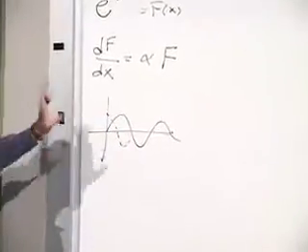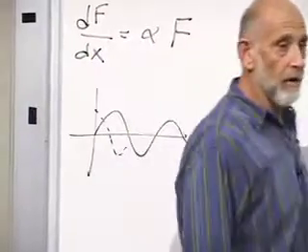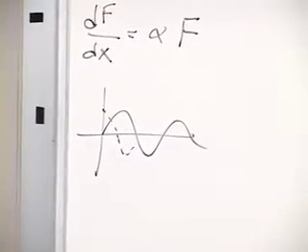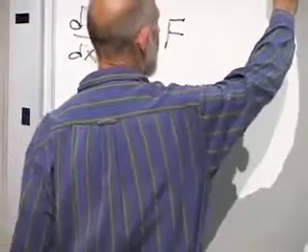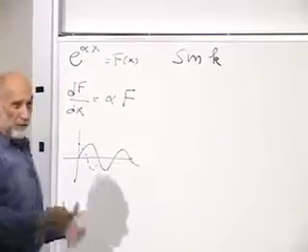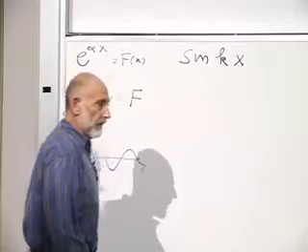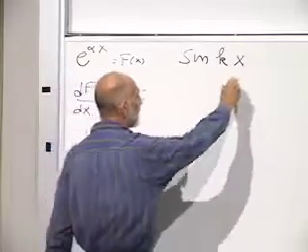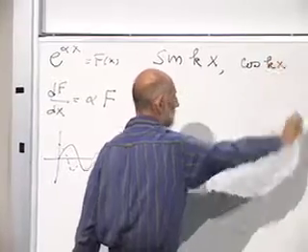I won't bother going into detail. But the important thing is sine of kx, where k is any number, real in this case, times x. It could be positive, could be negative. And the other function of interest is cosine of kx.